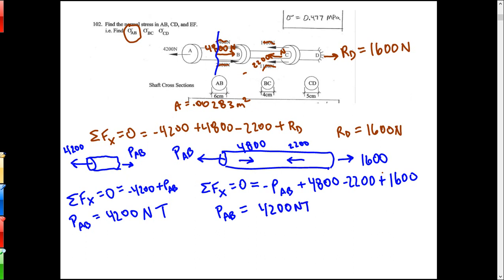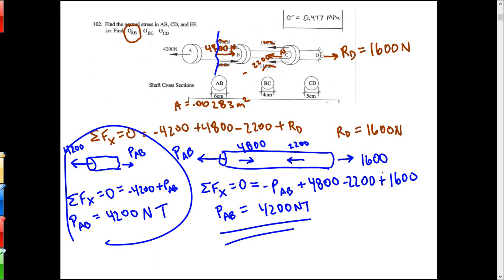Now this time, on this free body diagram, the positive PAB was to the right, so it does indeed act to the right, so it's in tension. On this free body diagram, I assumed it went to the left, so it went into my equation as a negative. I got a positive answer for that assumption, so that means my assumption was correct. It does act to the left, okay? So that's the meaning of that stuff.